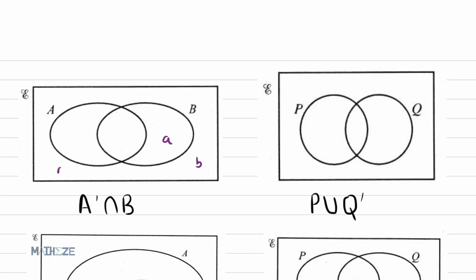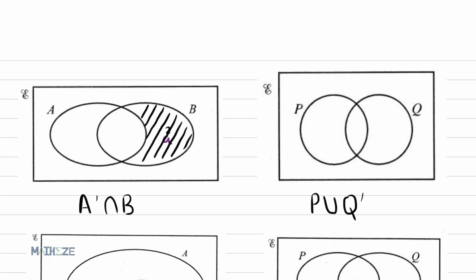A, B, C, D, and E. I wrote letters in the area outside A. Then it says intersection B. So write down numbers in the area which is B, where there are both letters and numbers. This part. So you're going to shade this and you're going to erase the rest. Do you get the idea how to shade?